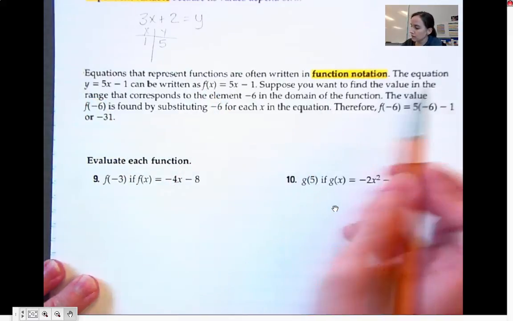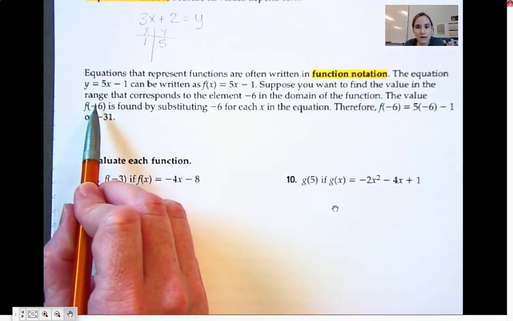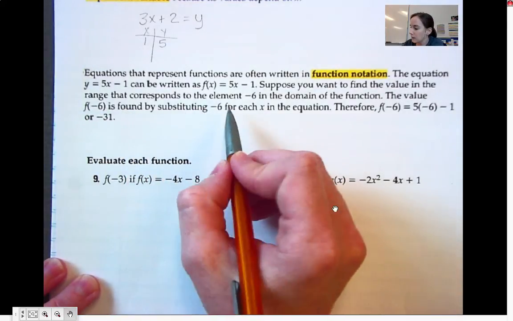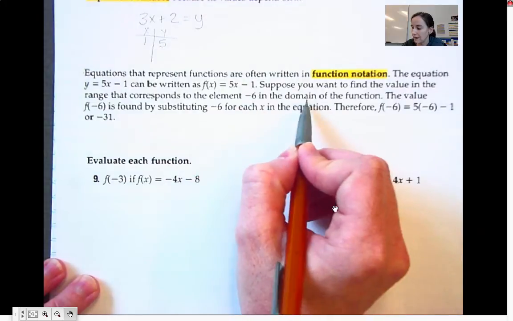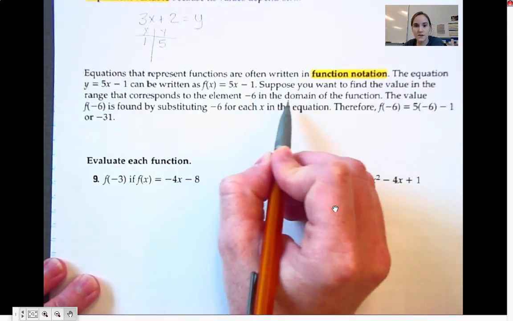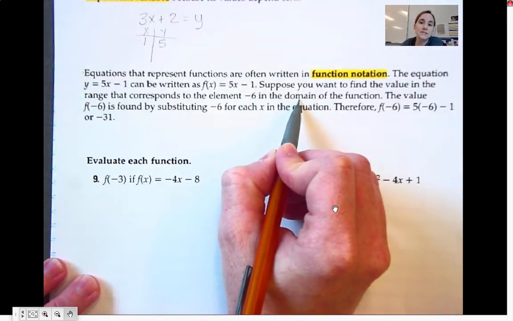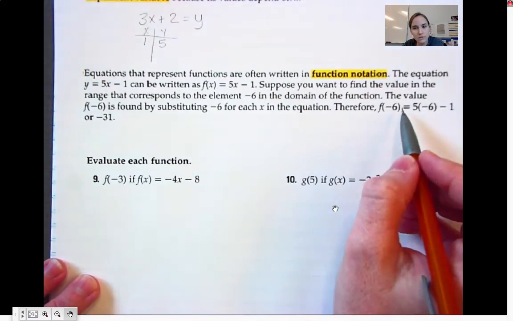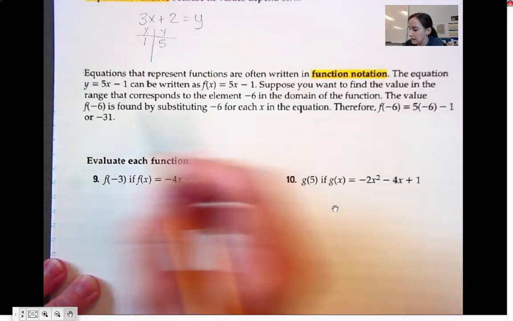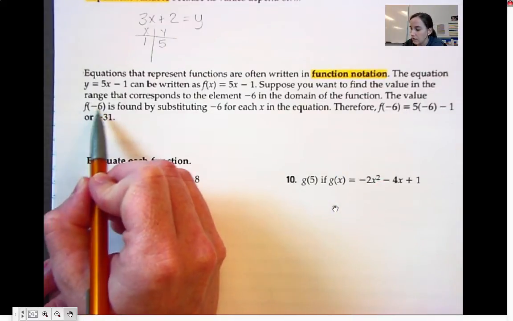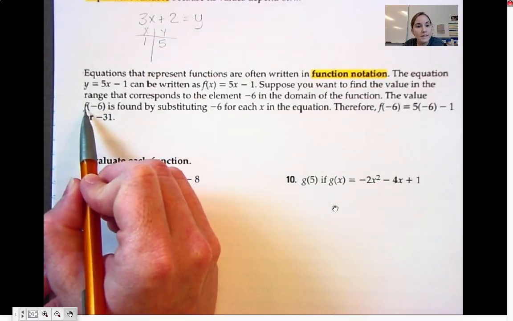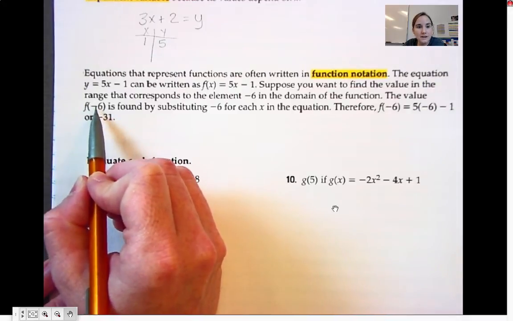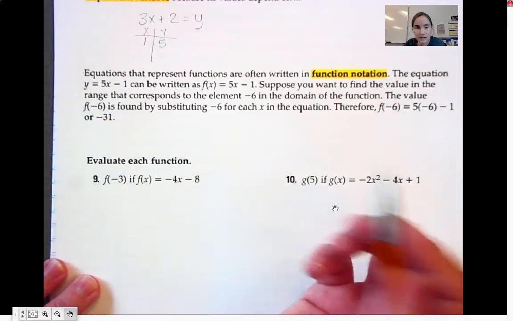So suppose you want to find the value of the range, that's the y value, that corresponds to the element -6 in the domain. Since we're saying -6 is in the domain, we're saying that -6 is the x value. So we could do that using function notation and say f of -6, or the function evaluated when x is -6, f at -6.